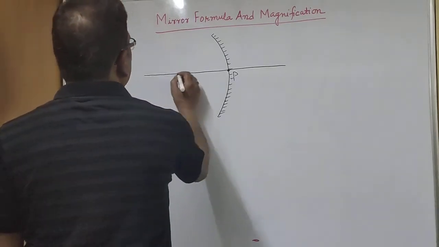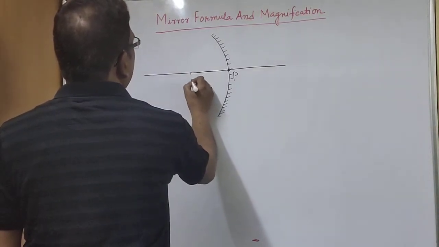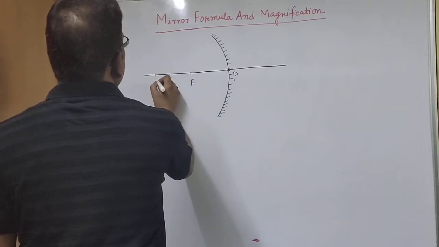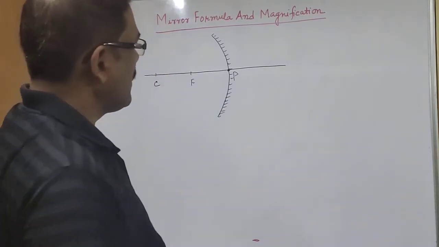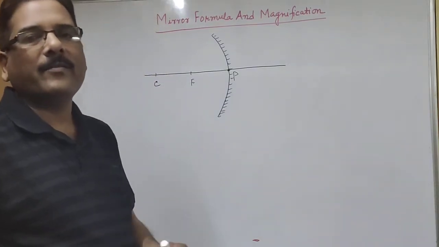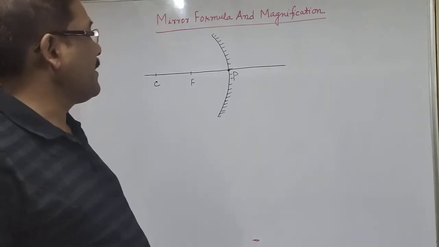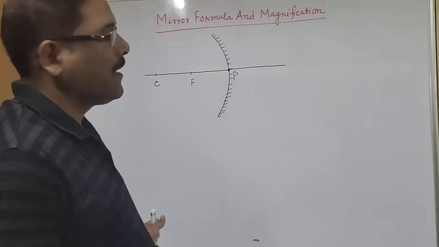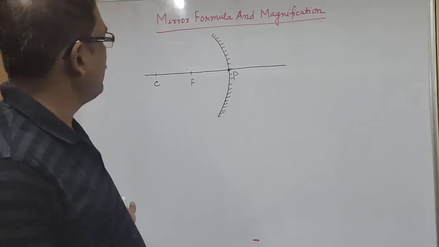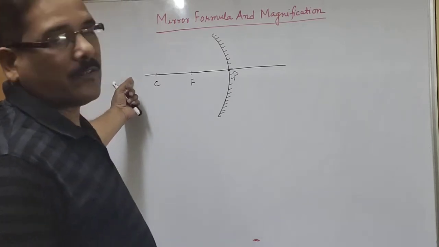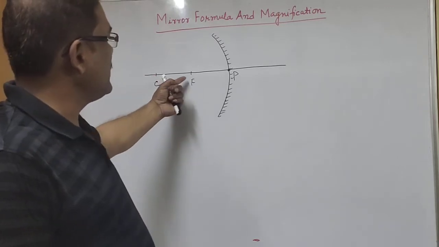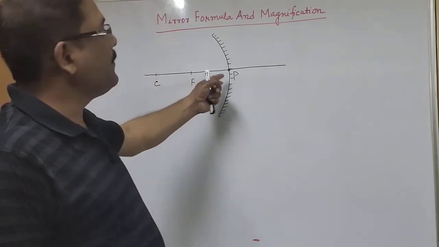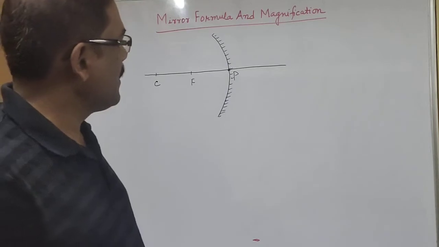Mark the point F and at equal distance C. Earlier we have drawn ray diagrams for concave and convex mirror. There are 6 cases: when object is at infinity, beyond center of curvature, at C, between C and F, between P and F, like this.